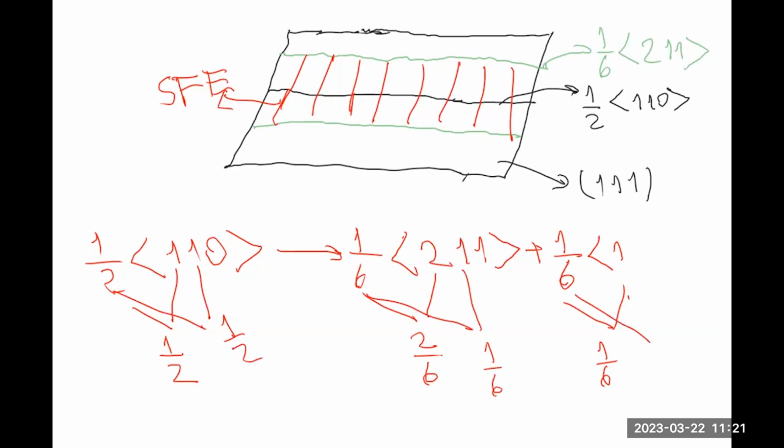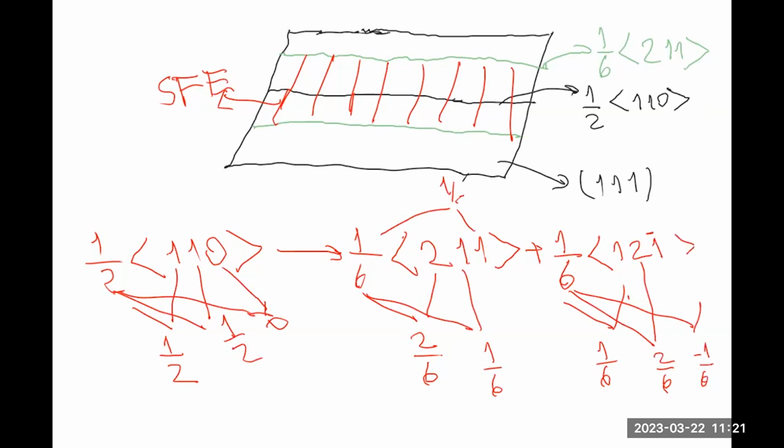We need 2/6. So the second term is 2. Here we have 0, and here we have 1/6. We need minus 1/6. Therefore, this part is minus 1.